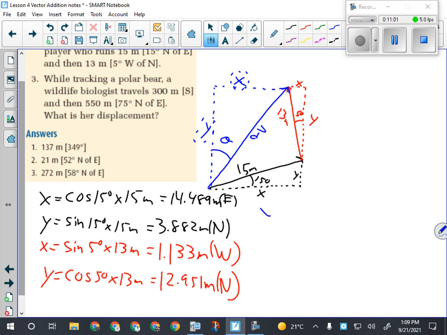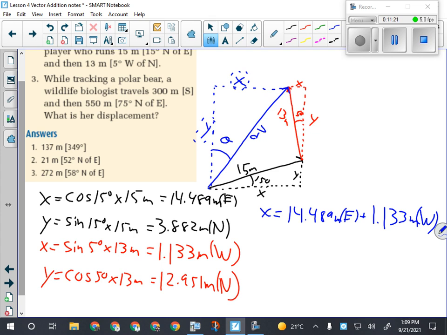So that means that blue x is going to be 14.489 meters east plus 1.133 meters west. In other words, I'm going to do what with those two numbers? Subtract them because they're opposites. Okay, one is east and one is west.